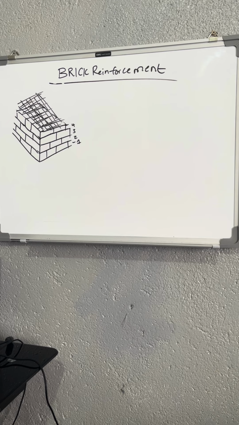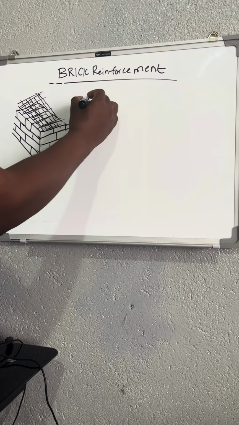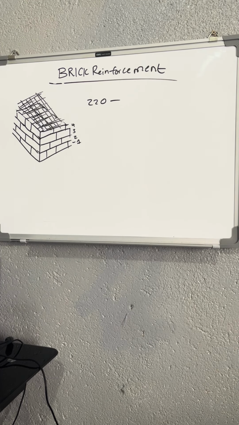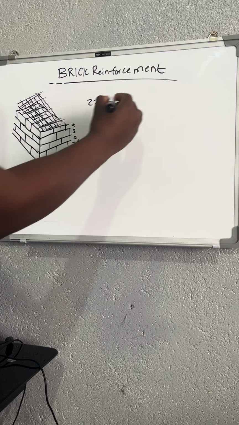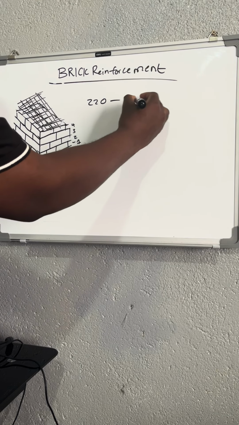One thing that you have to notice is that each and every time you are working with your 220 brickwork, you are going to use your 150 millimeter brick reinforcement.